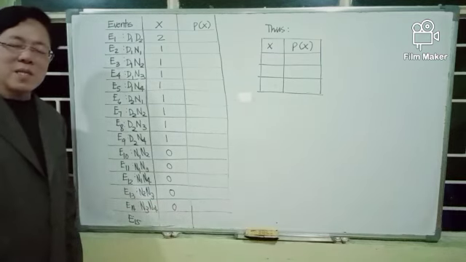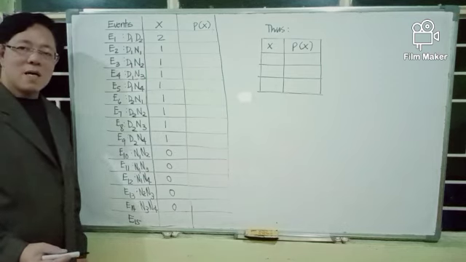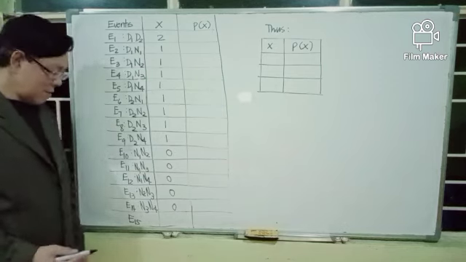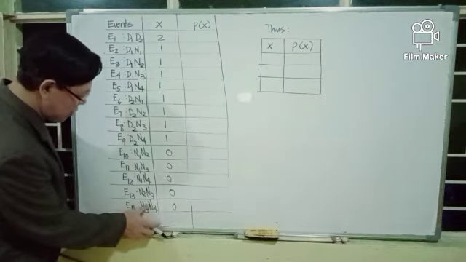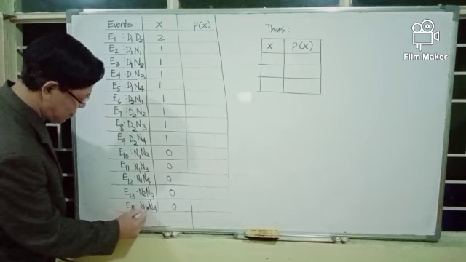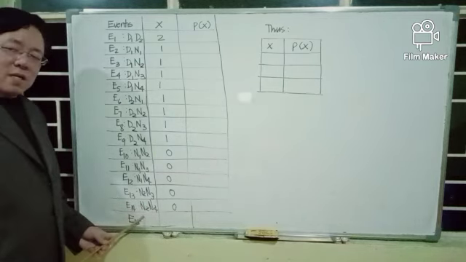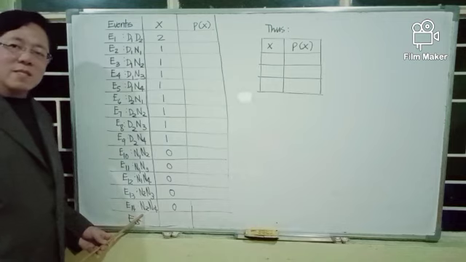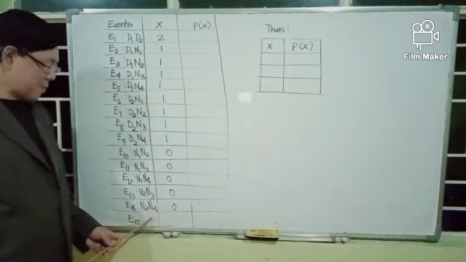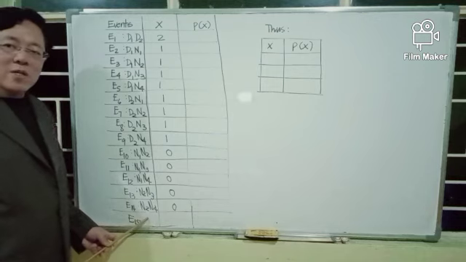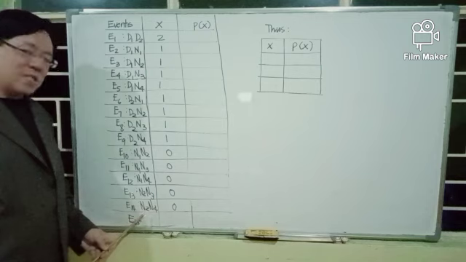And the last possibility is that the customer selected, this should be N2 and N4. In this event, the customer selected the second non-defective and the fourth non-defective. And the value of the random variable x for the number of defective items is 0 for this event.